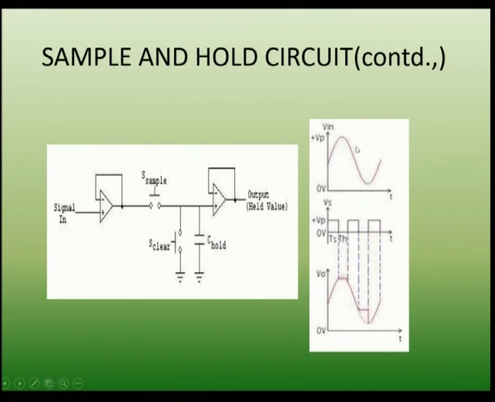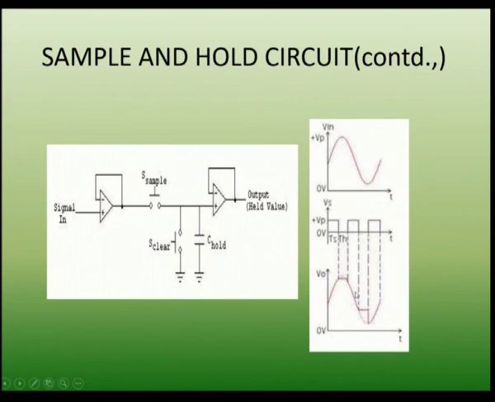If this is the input voltage and this is the control voltage given to the MOSFET, then when the control voltage is positive the input voltage is sampled. This is the voltage across the capacitor here. If the control voltage is positive, the capacitor charges towards the input voltage, and if the control voltage is negative the last sampled value is maintained until the next positive pulse is given to the MOSFET.